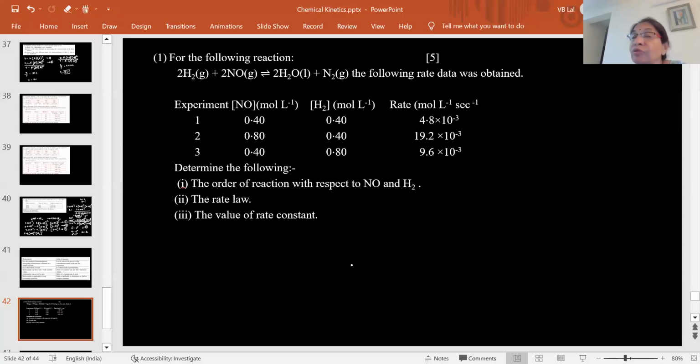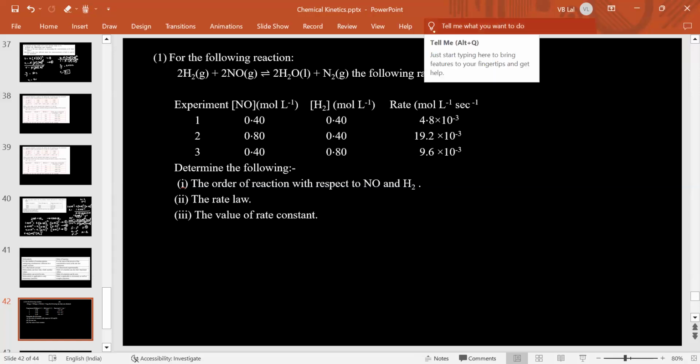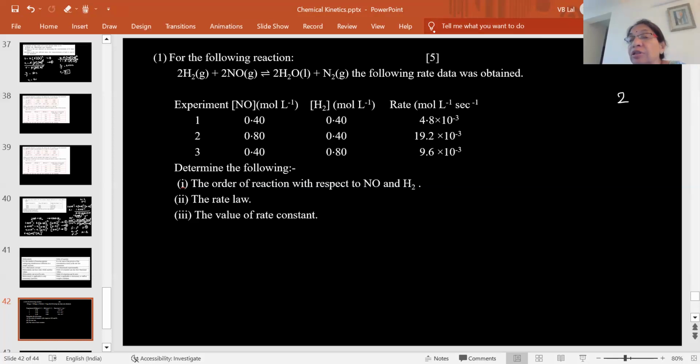So what is the order of reaction? Third order. No. When I double it, this becomes 4 times. So I increased the concentration double, so it has increased 4 times. So 4 times is what? 2 square times, right? So what is the order of reaction with respect to NO? It is 2. So it is second order with respect to NO.